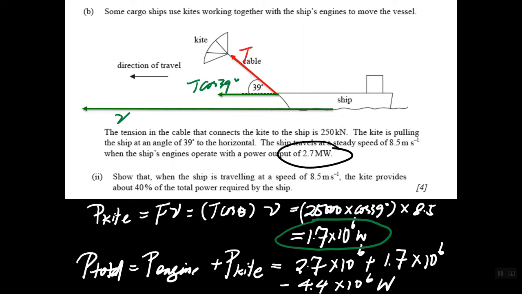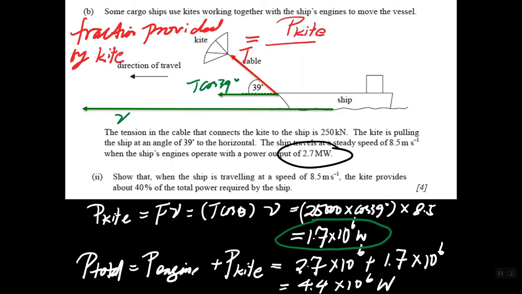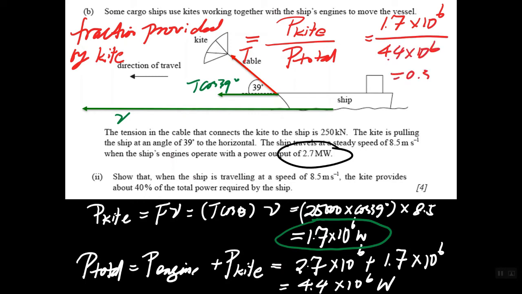So fraction provided by kite equals power of the kite divided by total power. The power of the kite is 1.7 times 10 to 6, and the total power is 4.4 times 10 to 6. That gives us 0.38 or 38%.